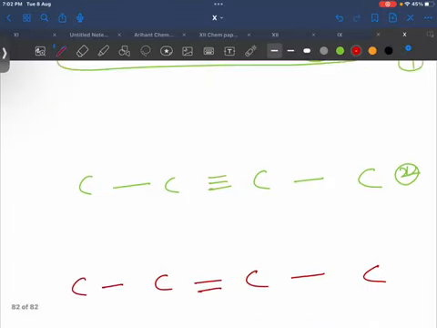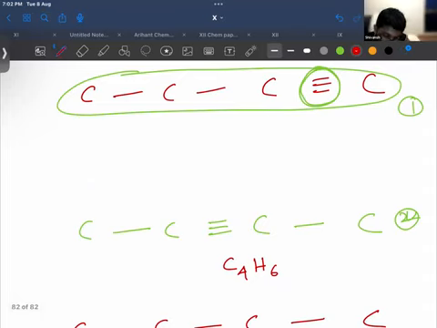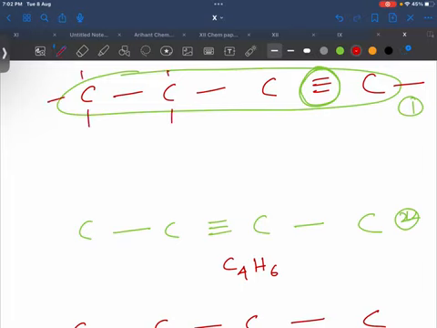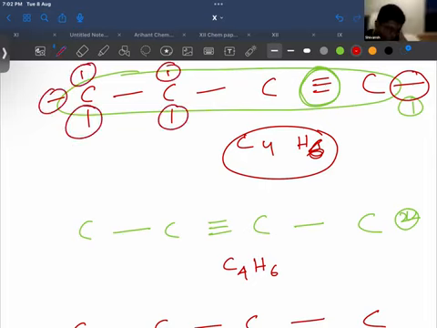H तो 6 हो गया है और C4 है, alkyne है ना. हाँ, C4H6. But in the previous one, going to be C4H5? एक सेकंड देखने दो. 1 2 3 4 5 6. हाँ, C4H6 ही है दोनों. Oh, okay. Yeah, I forgot to add one. Both are okay. ठीक है.